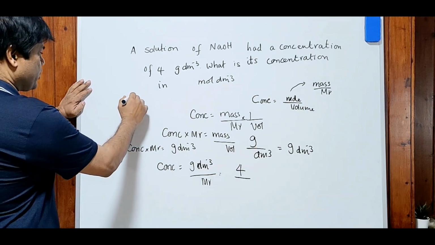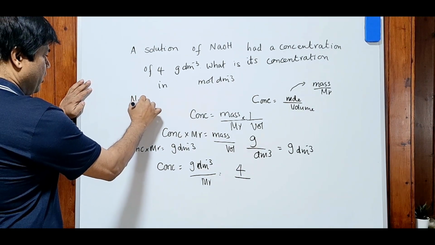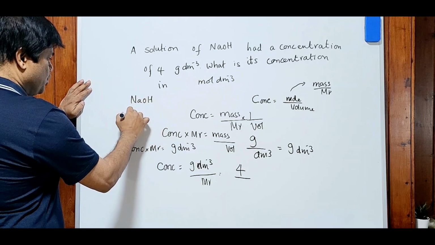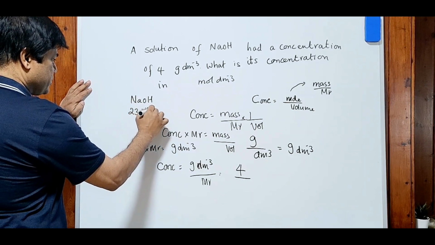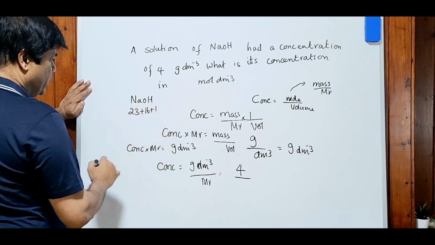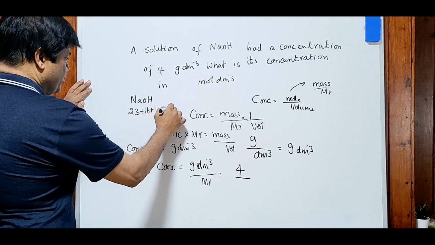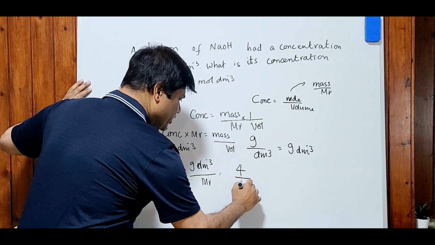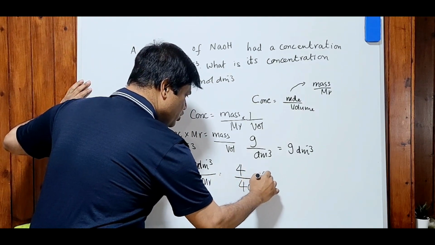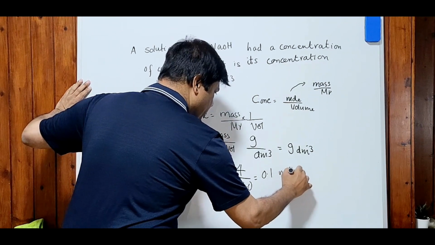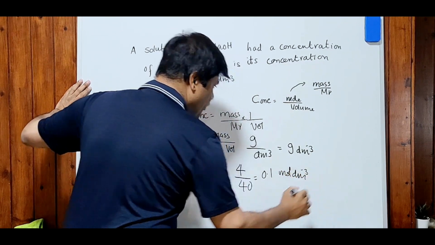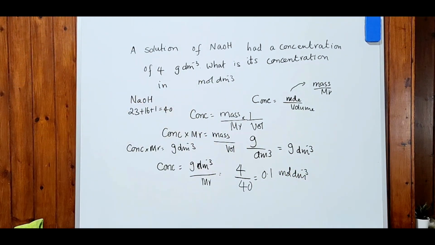Mr of NaOH: sodium 23 plus oxygen 16 plus H 1, which is 40. So 4 divided by 40 equals 0.1 mole per dm cube. We will do one more question. Is that clear?